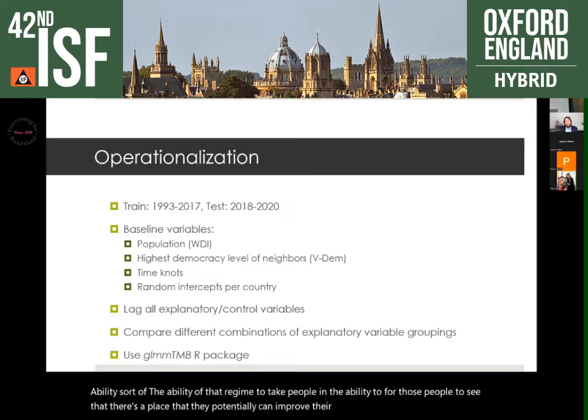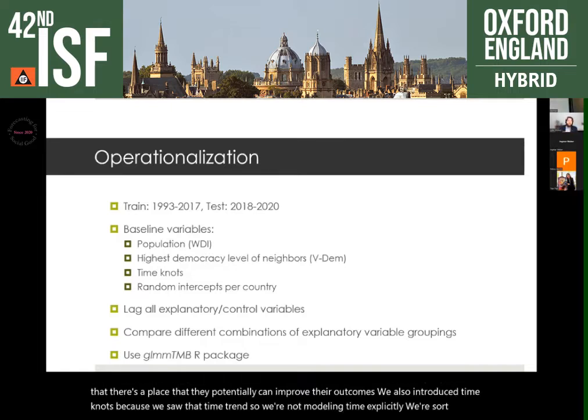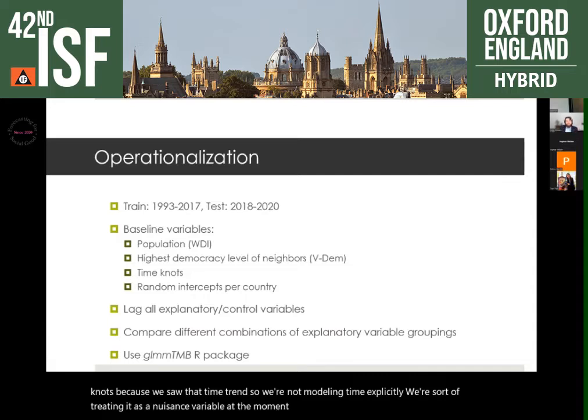We also introduced time knots because we saw that time trend. We're not modeling time explicitly, we're treating it as a nuisance variable at the moment and trying to capture it with those time knots. Then we have a random intercept per country in order to deal with the country effects that we can't deal with because of the missingness.